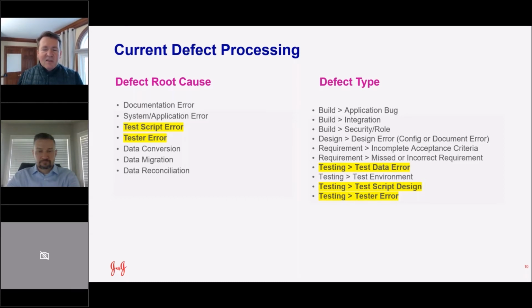In terms of defect type, we had testing, where, again, it was a test data error, or under testing, we also had the environment, script design, and tester error. So just giving you a little background as to how we used to structure the data and the information so that we could also use that for analytical purposes. So next slide, please.